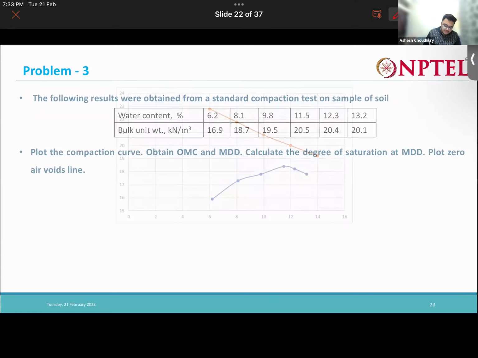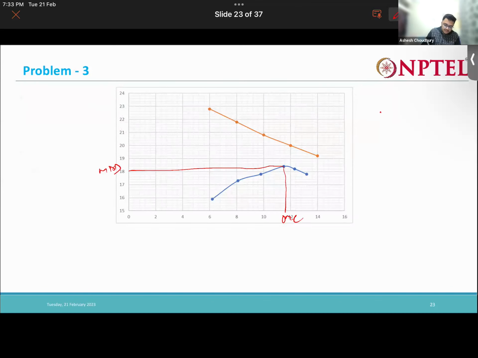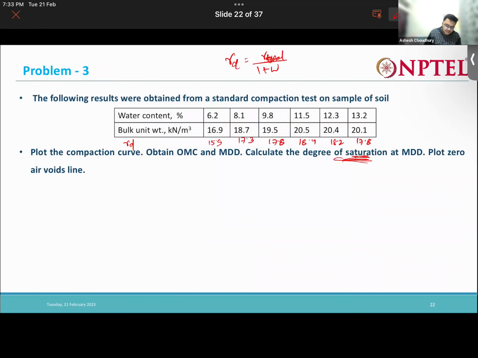From this graph we can find the maximum dry density is approximately 18.4 kilonewton per meter cube. It is asked to calculate the degree of saturation at that point. The degree of saturation you can find out using this relation.